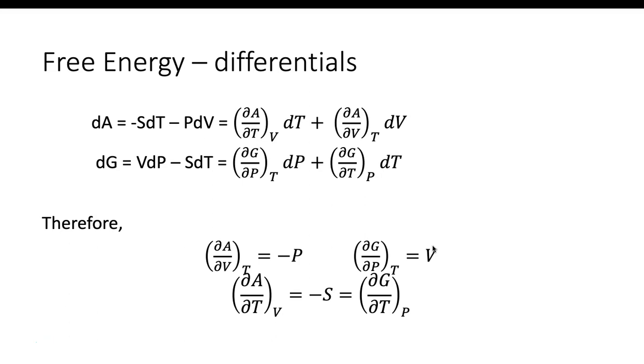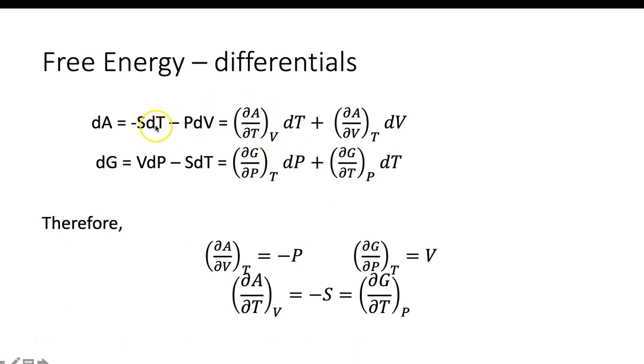So we have these new free energy functions, the Helmholtz and Gibbs, and we can expand Helmholtz in terms of T and V and Gibbs in terms of P and T. Now they are exact differentials, and we can expand our differential equations in terms of our partial derivatives, right?